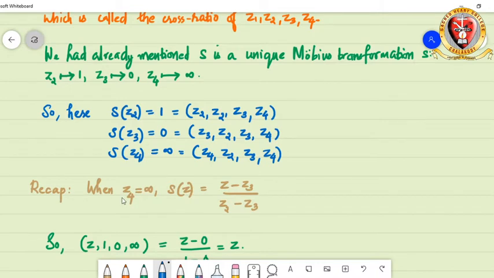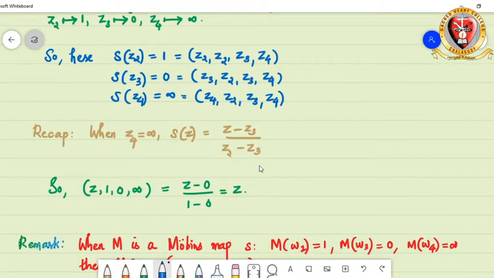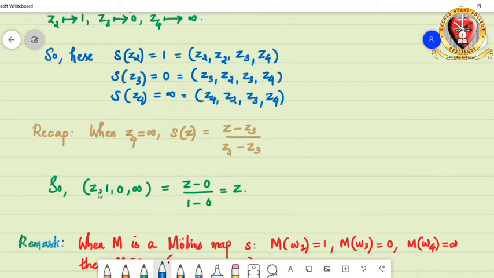And just to recap, we know that when z4 is equal to infinity, we defined the function before as S of z is equal to (z minus z3) divided by (z2 minus z3). So suppose we are thinking about the ordered quadruple z, 1, 0, infinity, that means the fourth term is infinity.